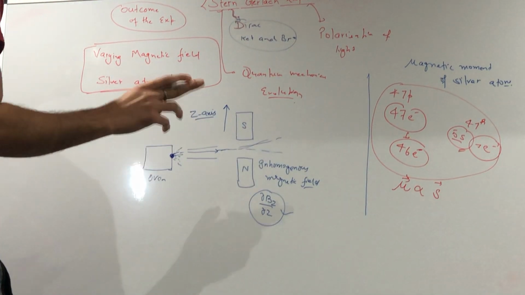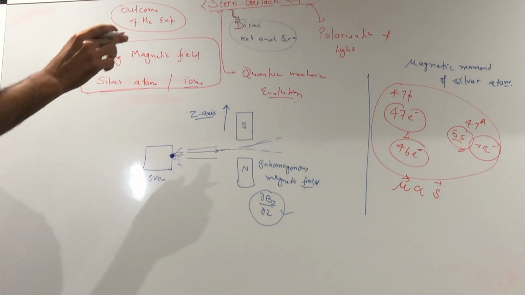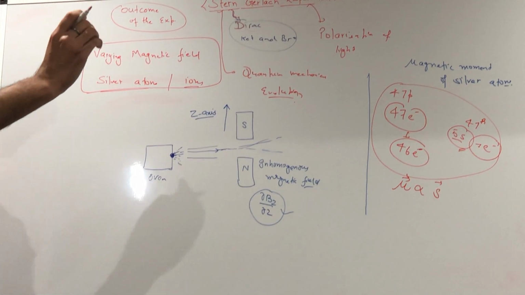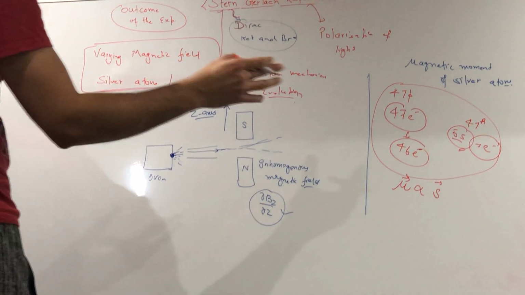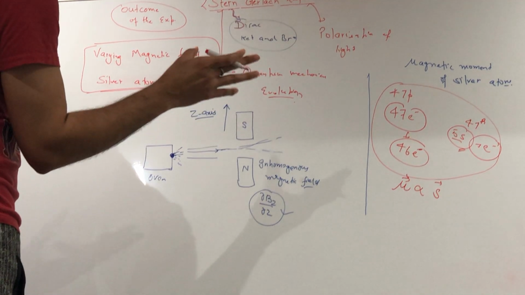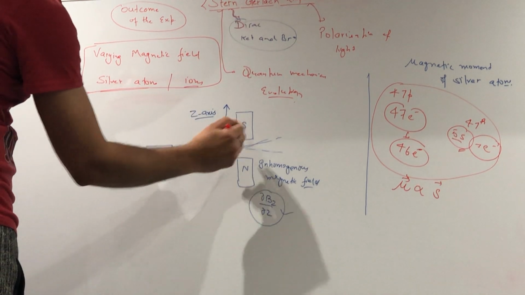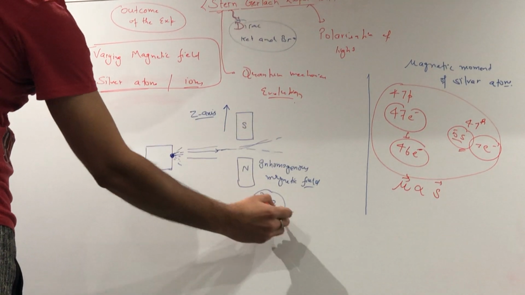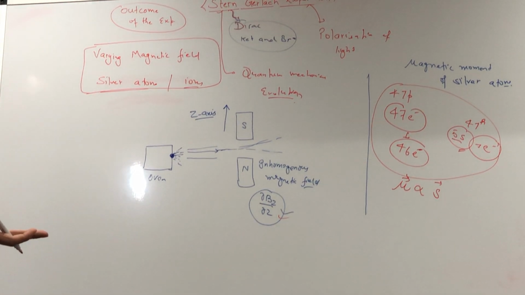That gives the magnetic moment to the entire atom. So due to this spin magnetic moment, when these atoms pass through this magnetic field, which is spatially varying, they experience a force.